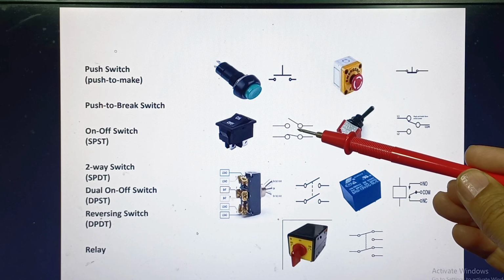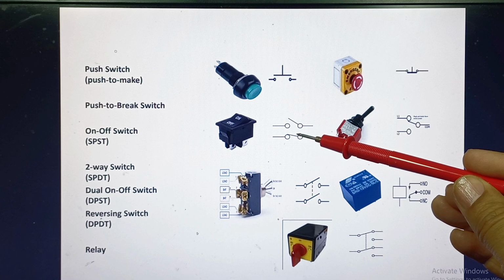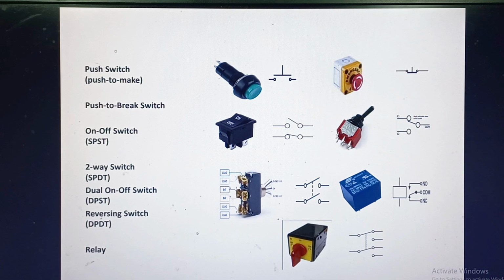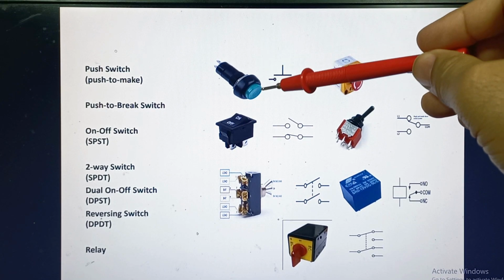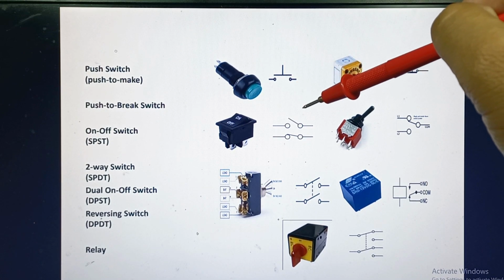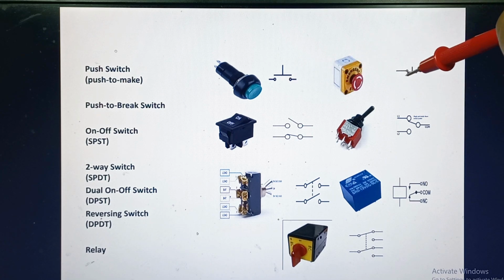This one is a two-way switch, which is an SPDT switch. SPST, single pole single throw switch, which is called an on-off switch. These are two single pole single throw switches.